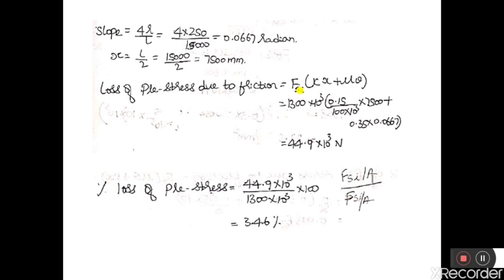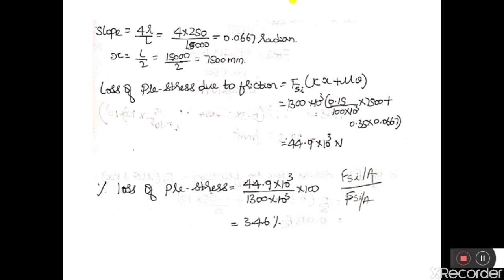They have given the initial pre-stressing force, that is 1300 kilonewton. K is given, it is 0.15 per 100 meter. X we can calculate from the given condition. Mu is given and theta we should calculate from the given condition.